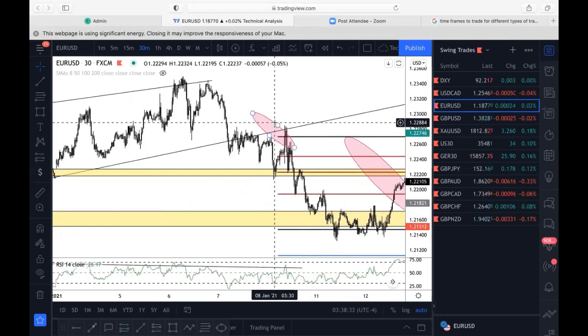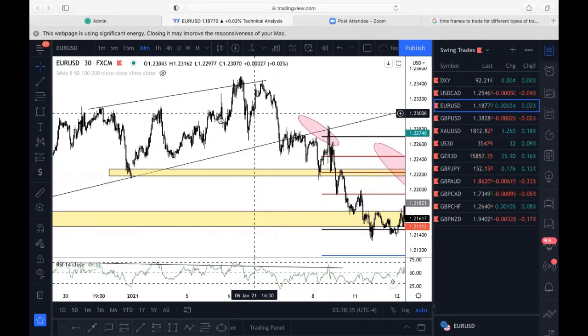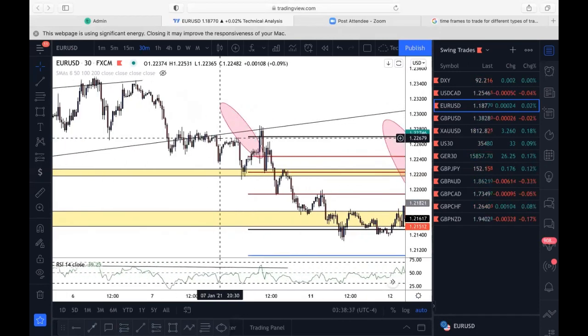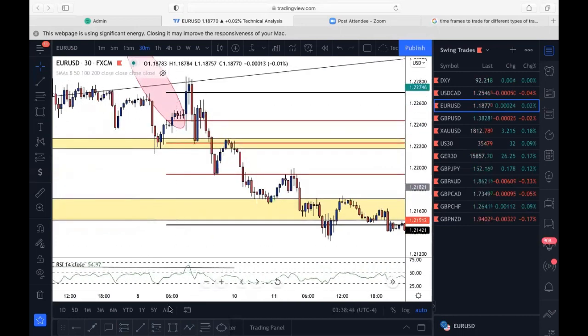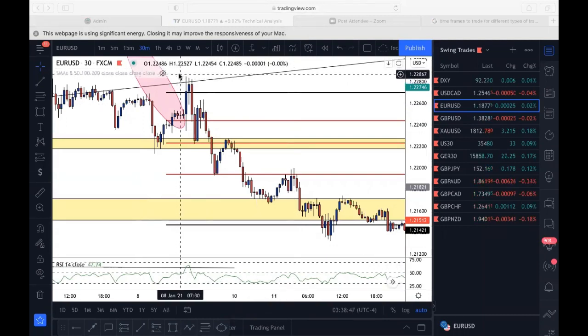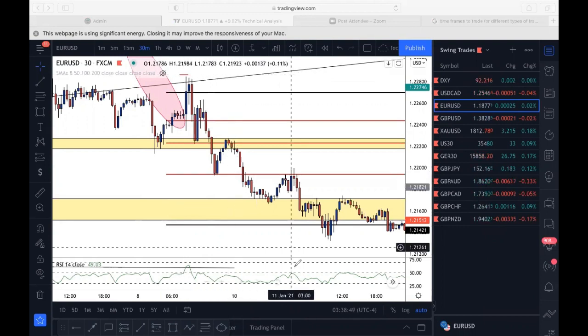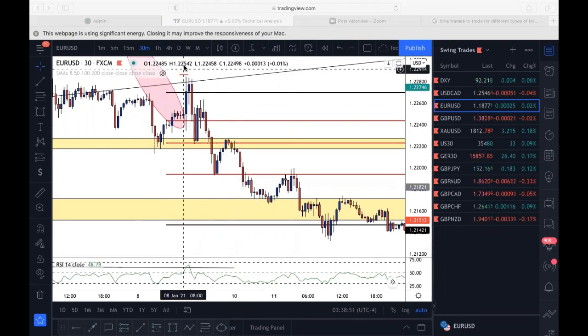Moving forward, you see here, we had a break of structure. We're expecting sales. We get our red, yellow, green. Key example for sales, red, yellow, green for sales right here. This is the break and retest of the trend line. Red, yellow, green.